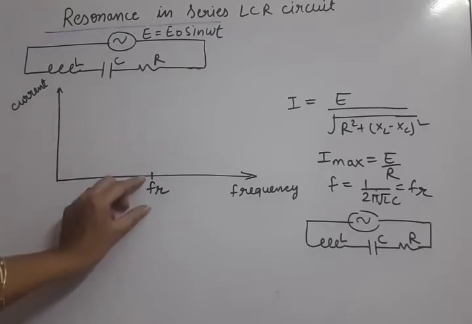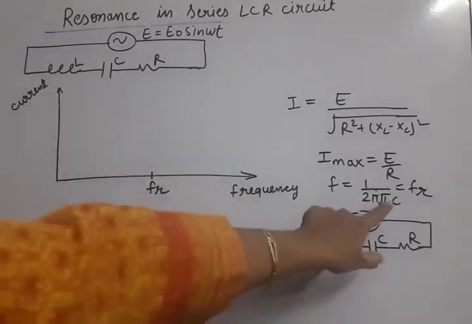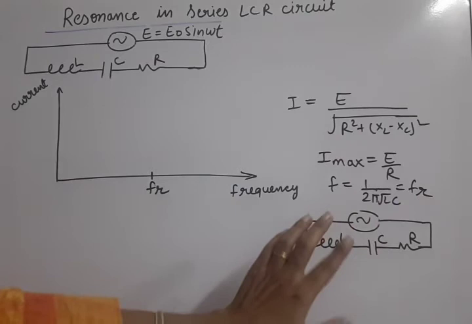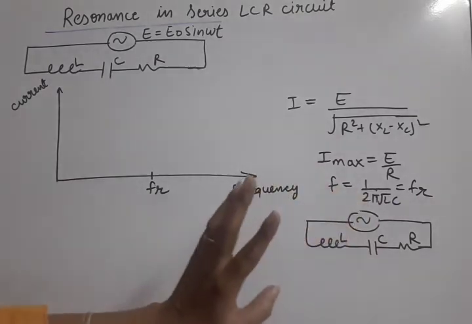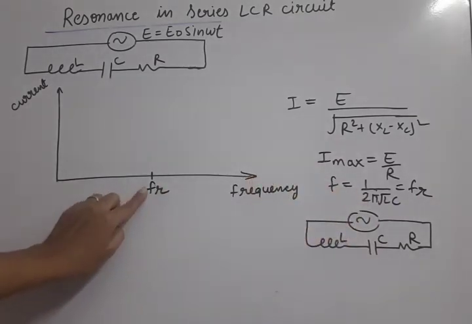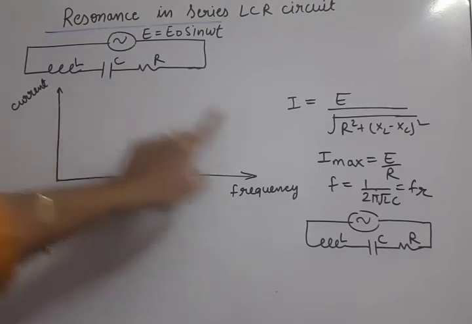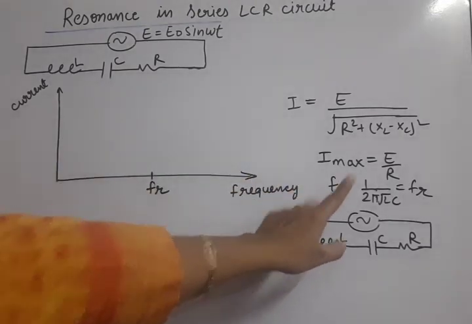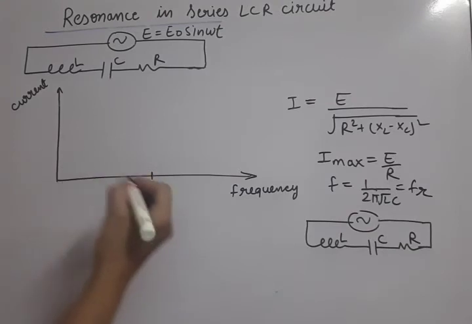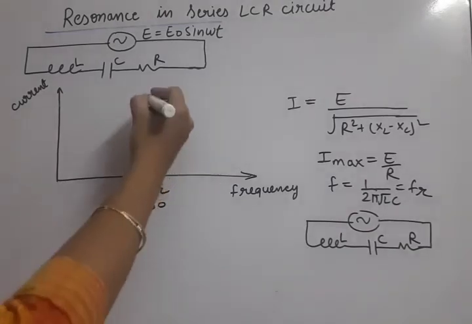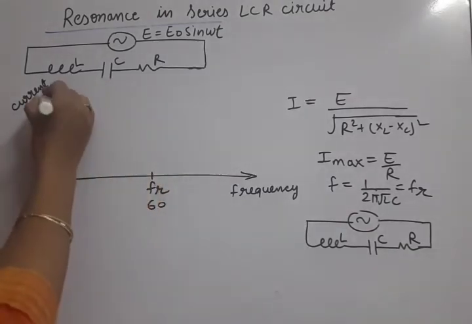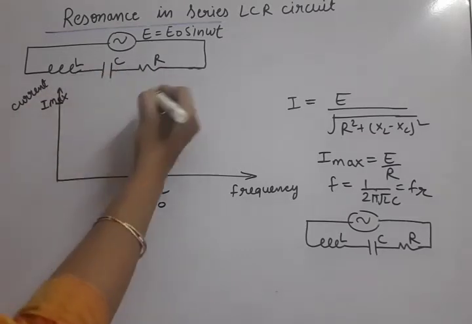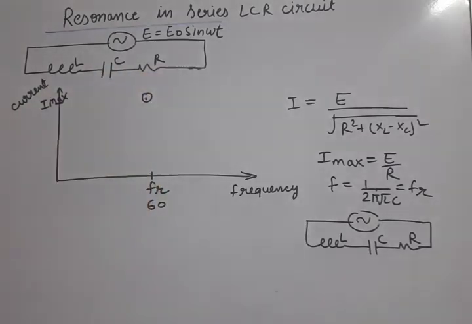Fr can be solved by putting the values of L and C. Suppose Fr comes 60 Hertz. That means at 60 Hertz the current will be maximum, I max, because it is the resonating frequency. Suppose this is the point.